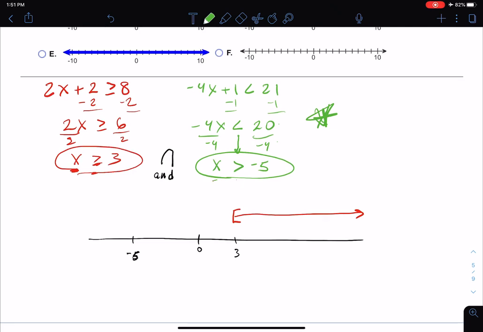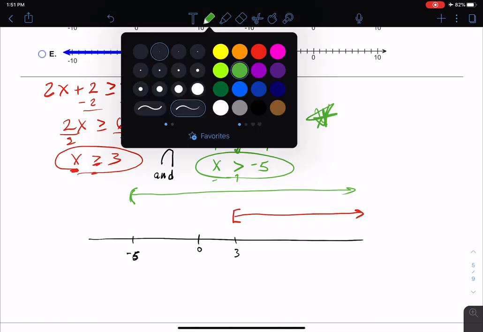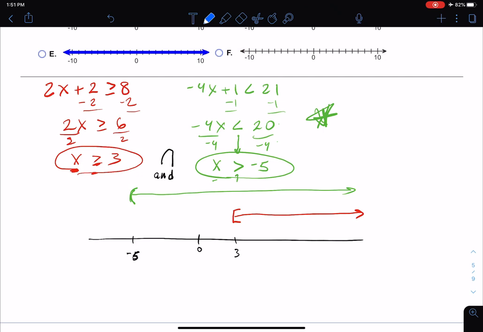Greater than negative 5 is to the right, and it is not equal to it, so it's not including negative 5, so it's open. And this was an AND problem again, so we're looking for the solution. Our solutions are going to be the ones that are green and red, so that has to start here, and it goes forever this way, to the right.